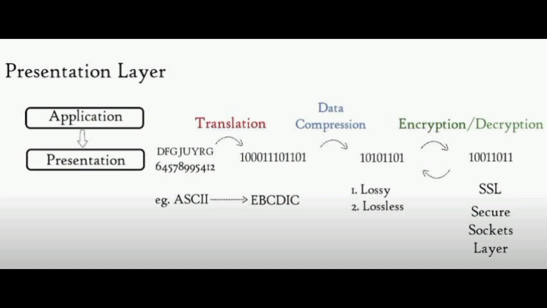When it gets back to the presentation, it will decrypt it again and send it back to the application layer, where you and I can visibly see what's going on. So it helps to maintain integrity of data before transmission, and data is encrypted. So at the sender side, data is encrypted. At the receiver side, data is decrypted. So the presentation layer does a whole lot of job.